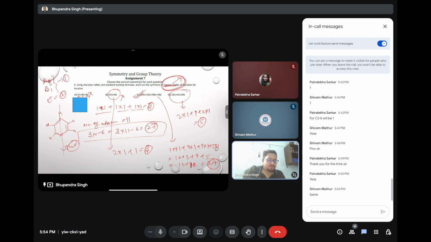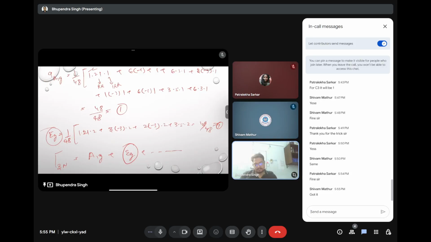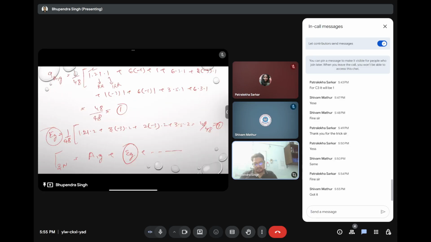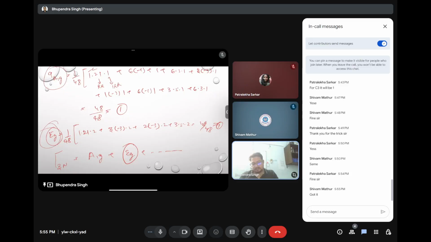Otherwise you have to solve this using the character table: find out the number of unchanged atoms, then the characters, then the reducible representation. Then you can solve for each of them.